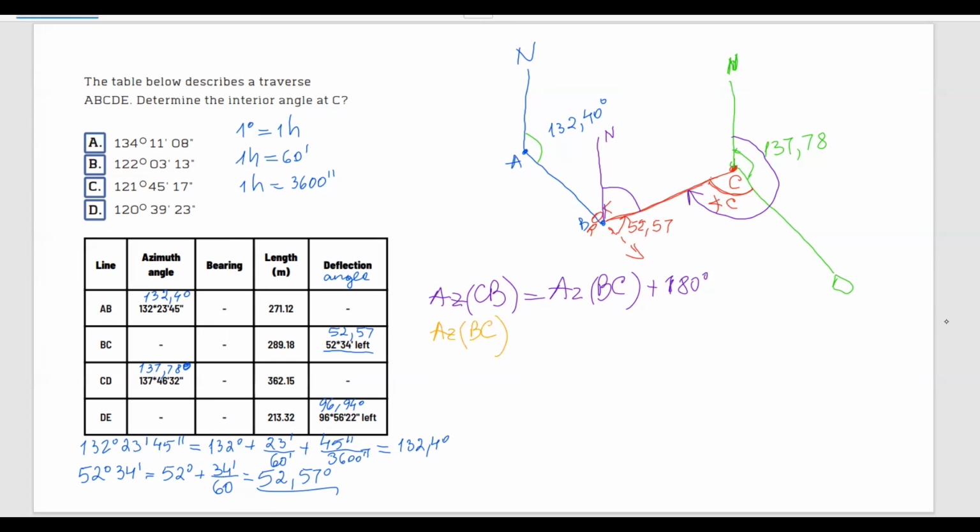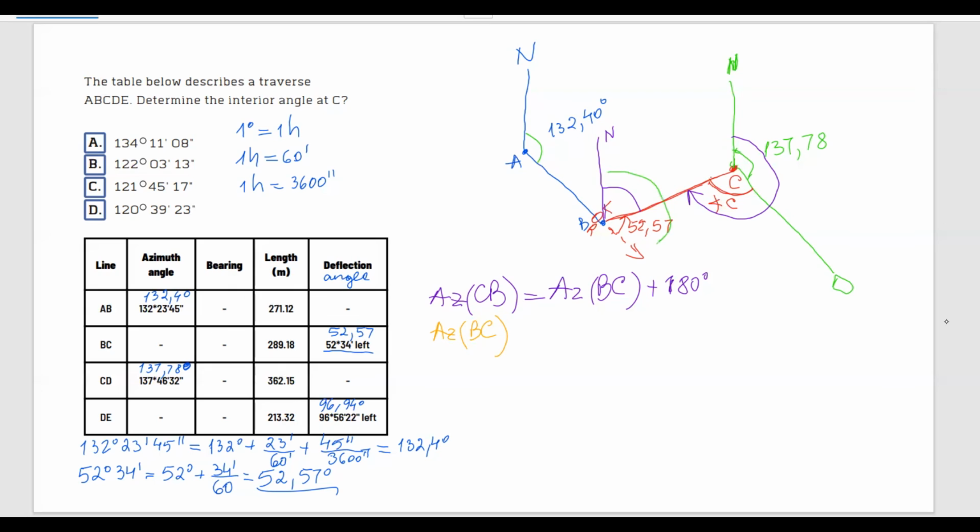And looking at this, this is the azimuth of AB. This angle right here is 132.40 as well, right? Because this is north, and this is the extended line. So this, in orange, is the azimuth of AB. Or maybe I should do a better job if I just keep it in green so everything makes sense.